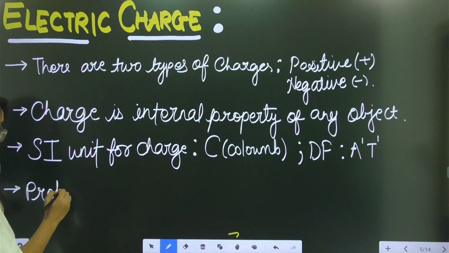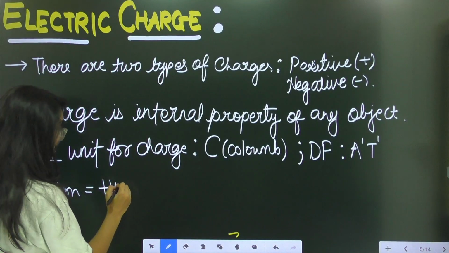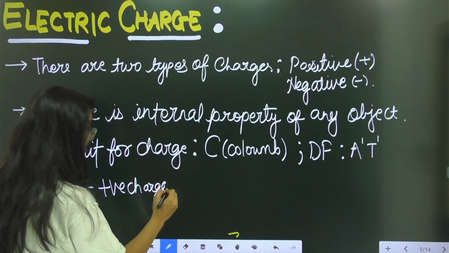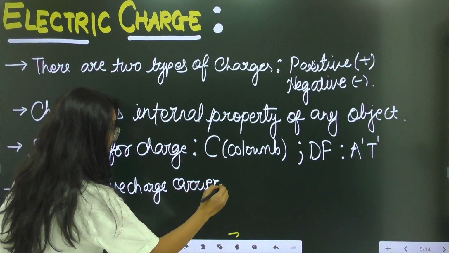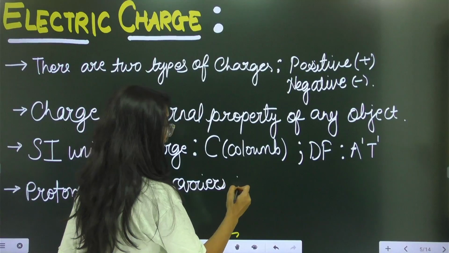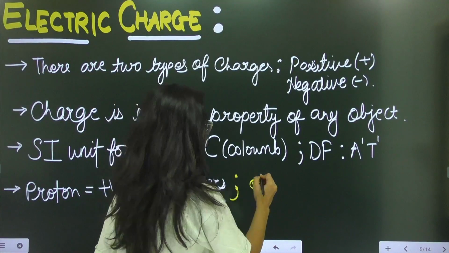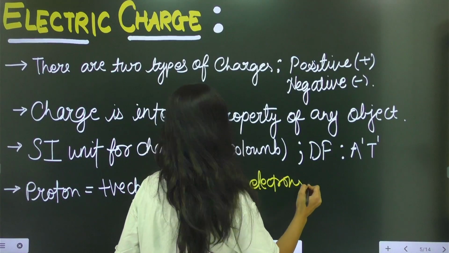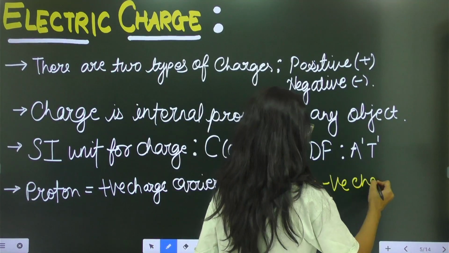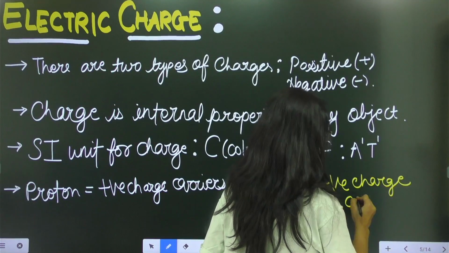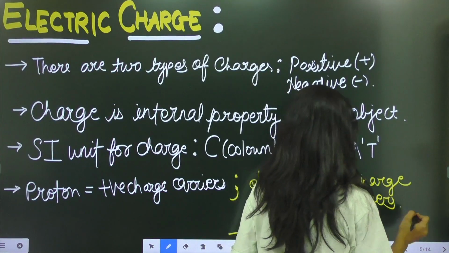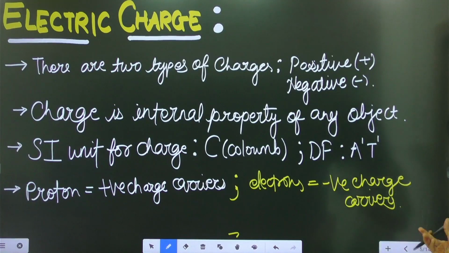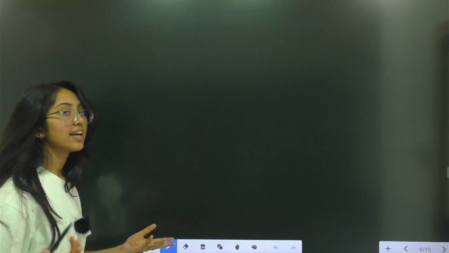Protons are the positive charge carriers, while electrons are negative charge carriers, right?